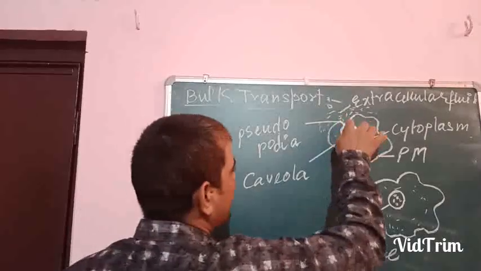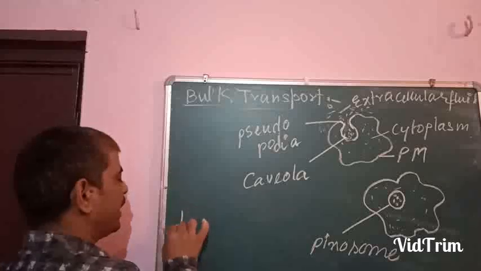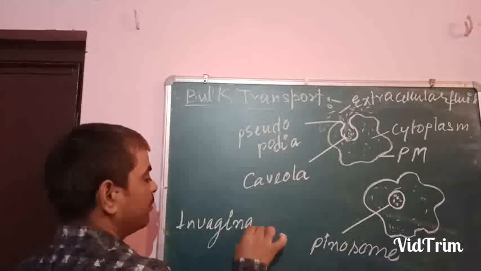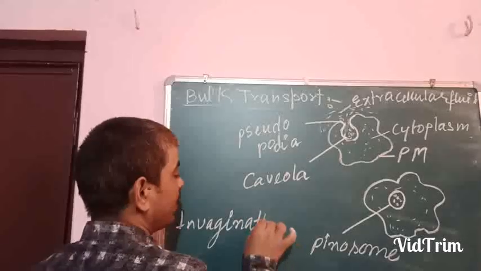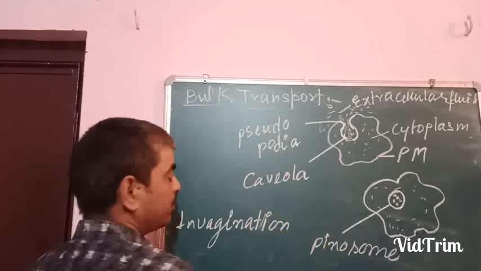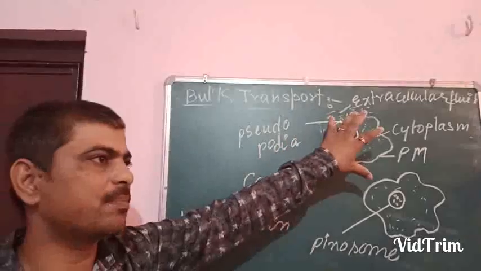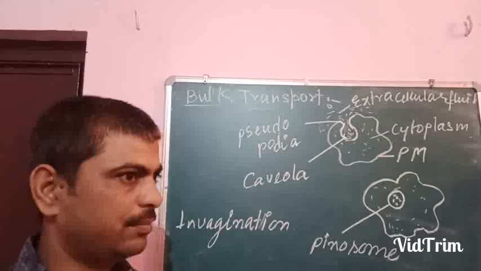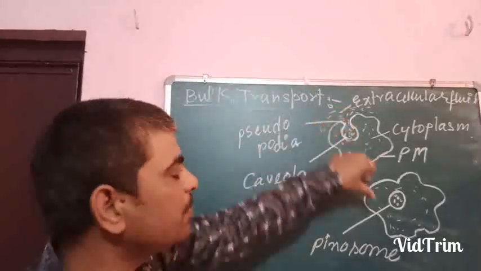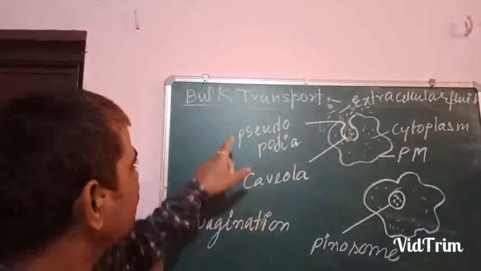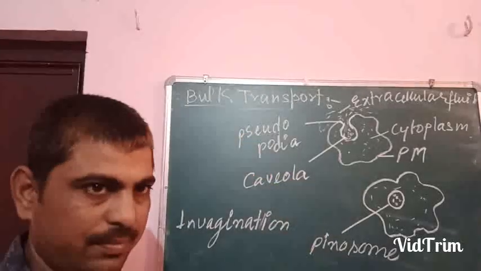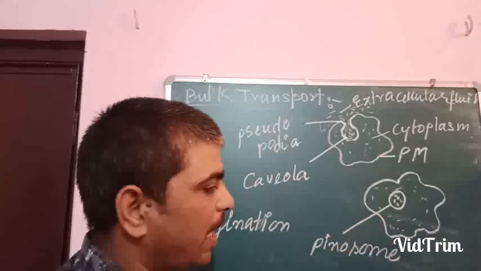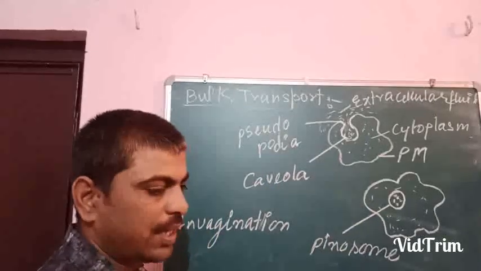This type of rupturing is called invagination. So a small portion of the plasma membrane invaginates, engulfing the liquid substance inside the body, and that is called pinocytosis. In this way amoeba absorbs the liquid substances inside its body.